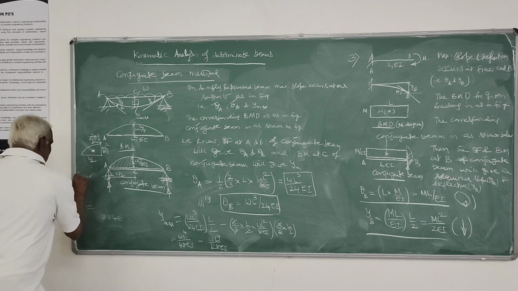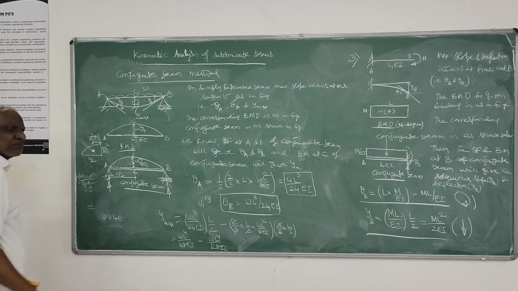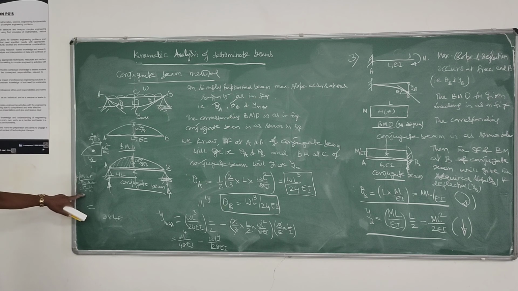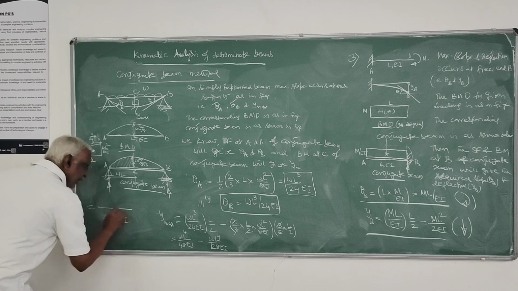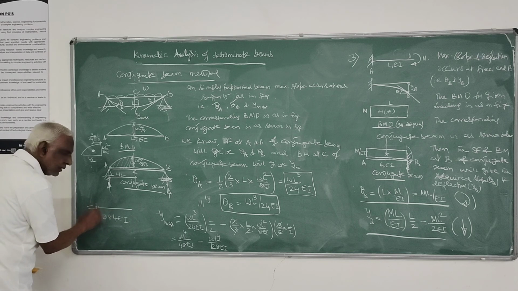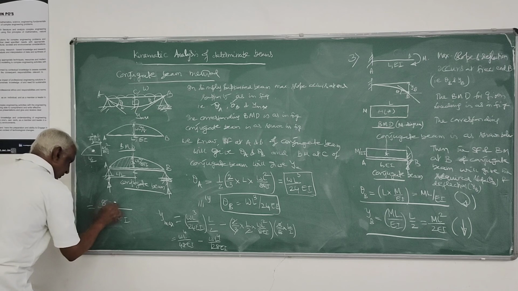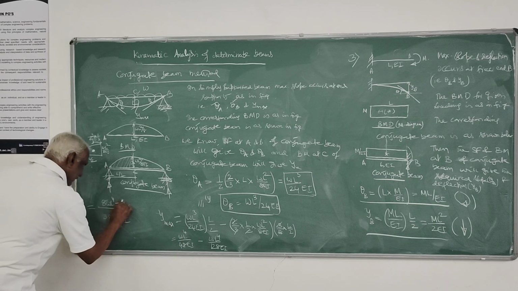Just check. 384 is the LCM. 384 by 48 is 8, and 384 by 128 is 3.